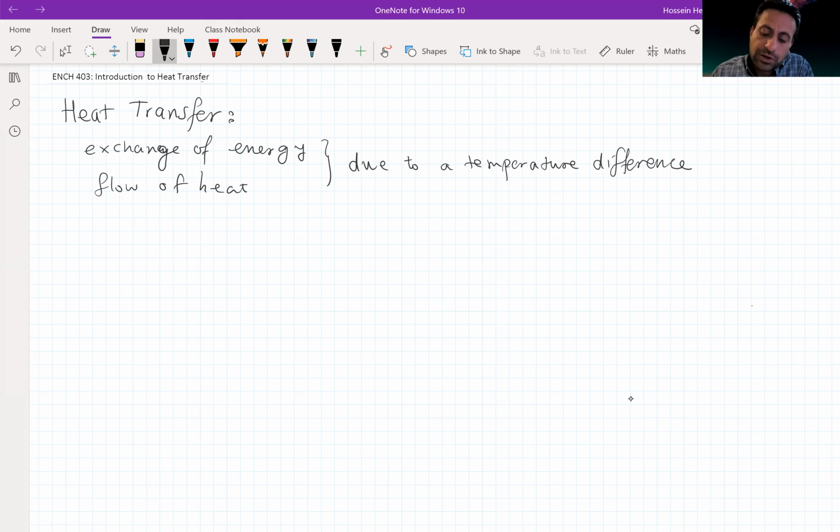Now, when we talk about this exchange of energy, it reminds us of thermodynamics and the processes that we have seen. So it's good to look at the relationship or the differences between thermodynamics and heat transfer.